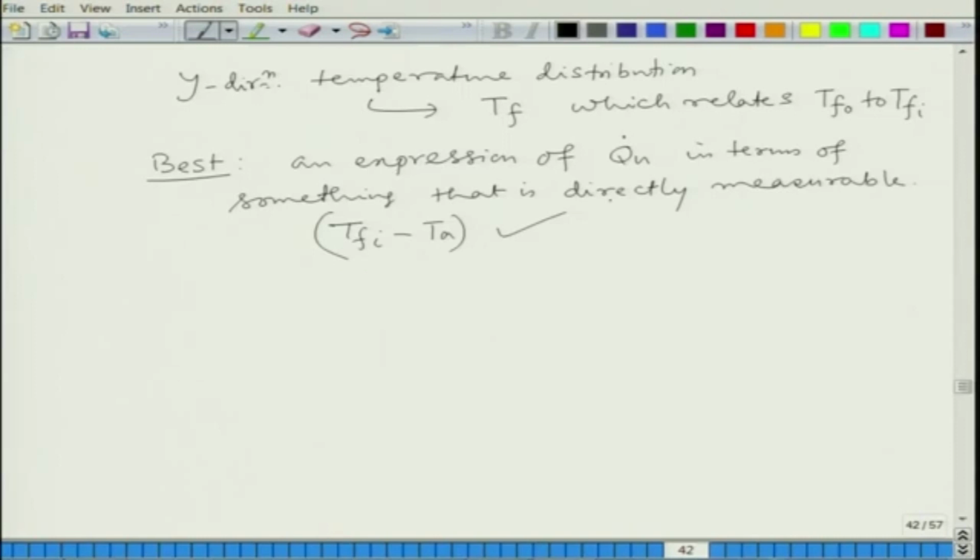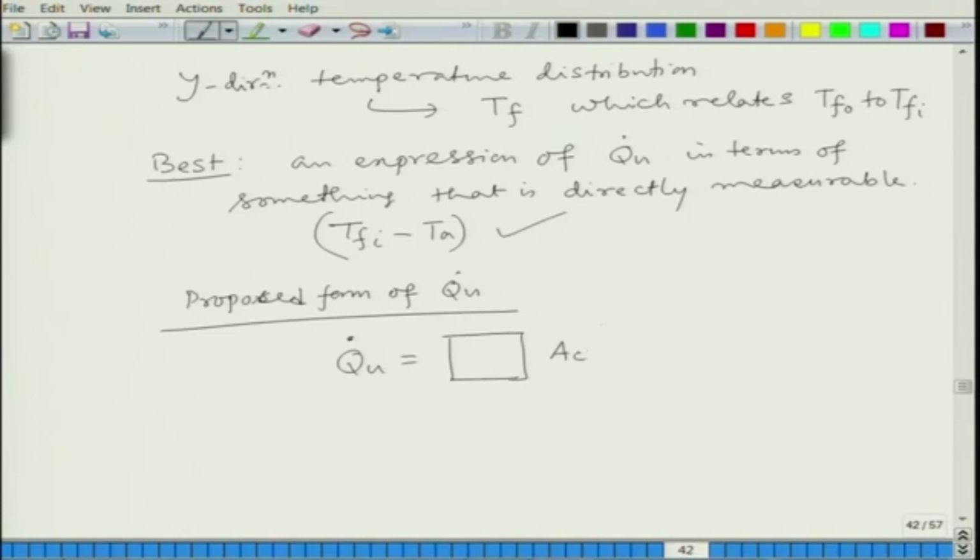So far we do not have any expression in this kind of relationship. So what can we propose? As a proposed form, we can write Qu dot is some factor which we do not know, multiplied by the collector area and multiplied by S minus UL multiplied by TFI minus TA.